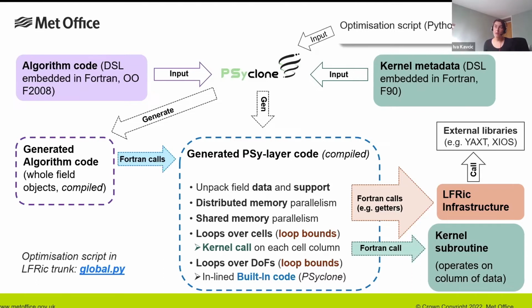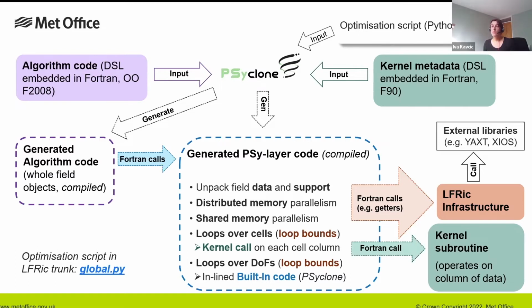So what PSyclone does, it processes the algorithm code, it generates the algorithm code, which is then compiled, and where the invoke keyword is replaced by the calls to the invoke subroutines. The invoke subroutines then live in the generated PSy layer code. And this is where the translation between the algorithm layer and the kernel layer happens.